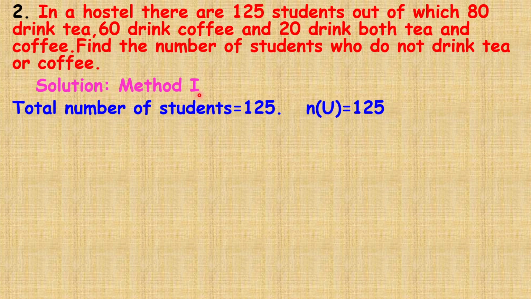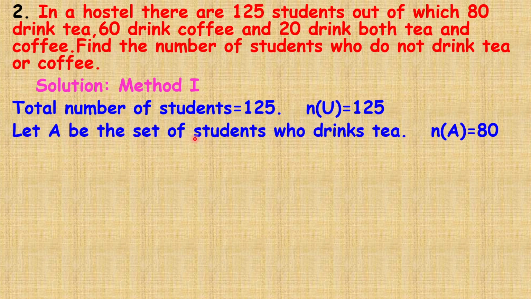Method first. If we read the example carefully, in a hostel there are 125 students. Therefore, the total number of students in the hostel is 125. So this is the universal set. The number of elements in the universal set is 125, that is the total number of students.